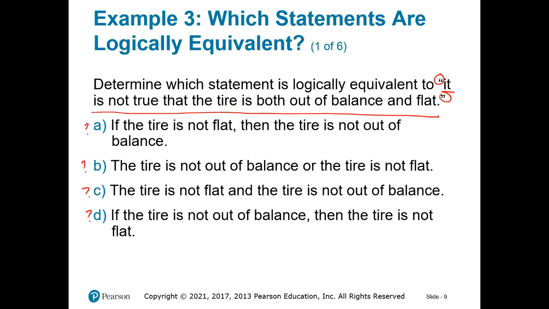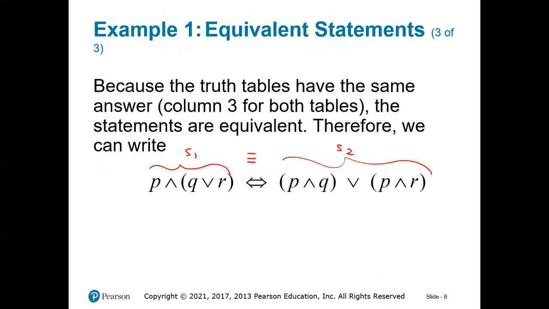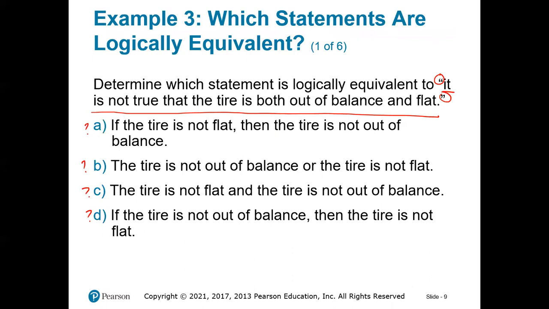Well, as you can see here, they didn't give us the symbols. Like if I go back to the previous example, they gave us the symbolic representation of statements directly. So we don't care what P represents and what Q and R represent, right? But to be able to do what we just did previously, first of all, we need to convert everything to symbols. So how are we going to convert this to symbols?